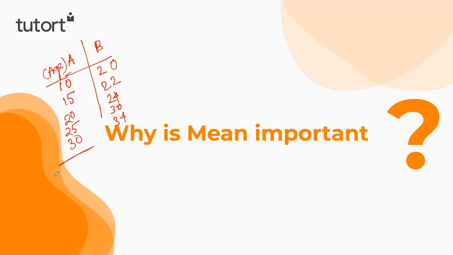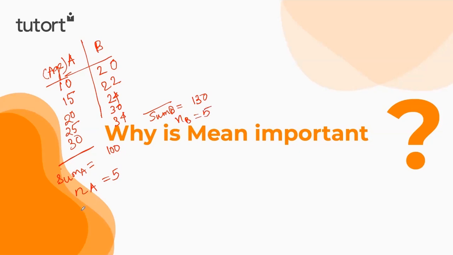Mean of Group A will be the sum divided by the number of points. First we will calculate the sum. The sum of Group A is 100, and the sum of Group B is 130. The number of employees we are considering in Group A is 5, and in Group B it is also 5.